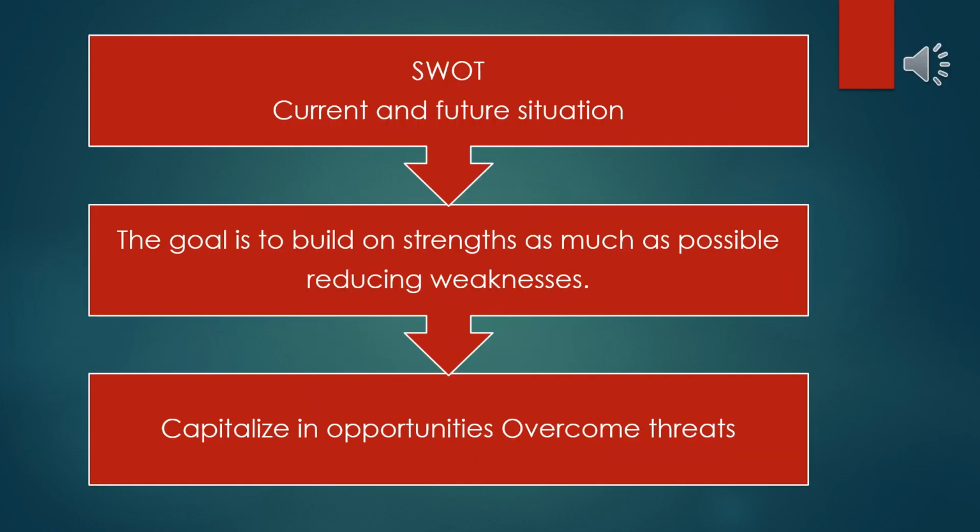So the SWOT analysis will focus on the current and future situation. The goal is to build on strengths as much as possible to strengthen the company capabilities, and also to reduce the weaknesses of the company.